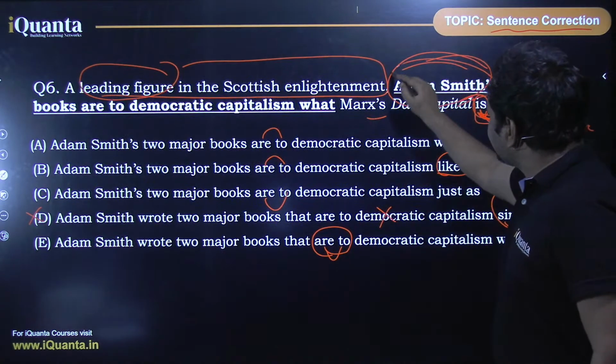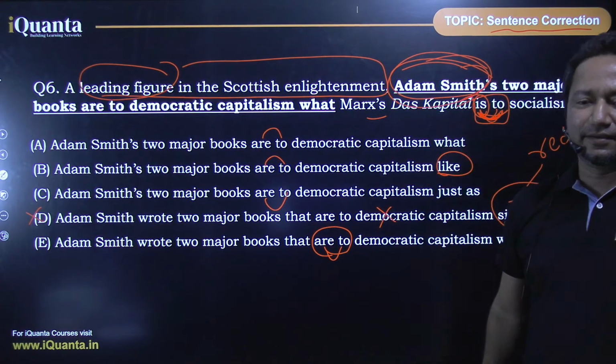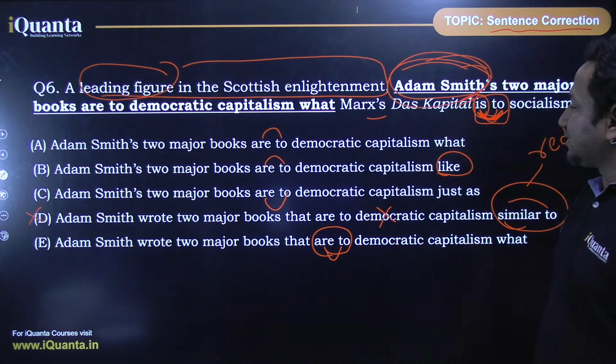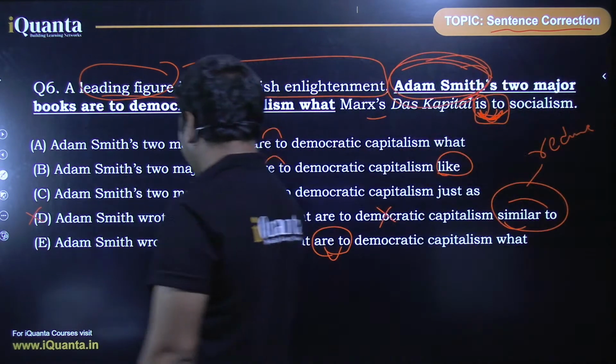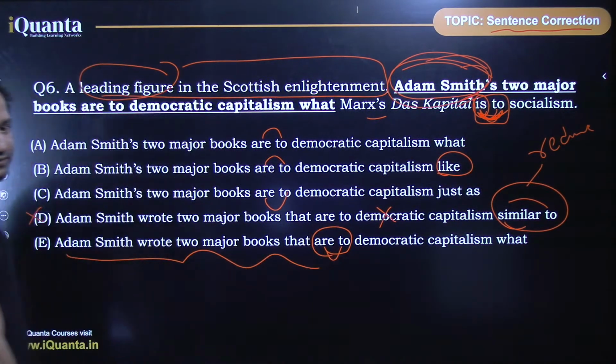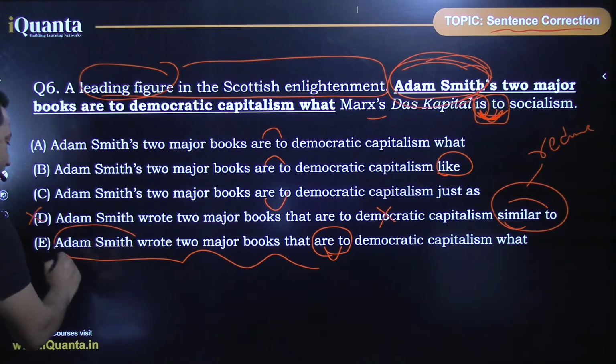Talking about Adam Smith. So Adam Smith has to be more important grammatically in the statement. Right? So if you look at option E, it talks about Adam Smith wrote two major books. All right? Adam Smith wrote two major books.